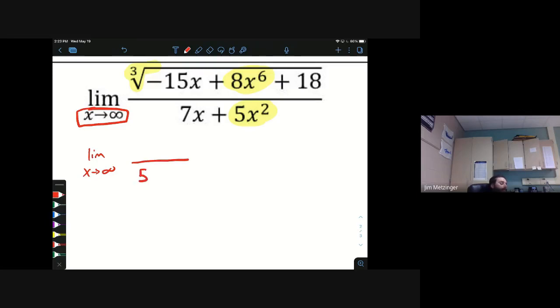So I'm looking at the ones I highlighted: 5x squared, and the cubed root of 8x to the 6th is 2x squared. Same degree. Same thickness. So what that means is, as the x squareds cancel, I'm going to get 2/5. That graph, I typed it in Desmos, as you went off to the right, would have a horizontal asymptote of 2/5.